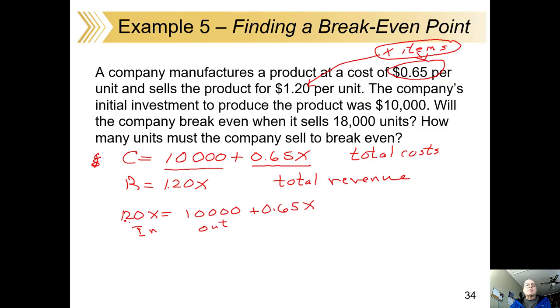$1.20x, make sure the decimal point's there. I'm going to subtract 0.65x from both sides. Okay, so what's that going to give me? 0.55x equals 10,000.